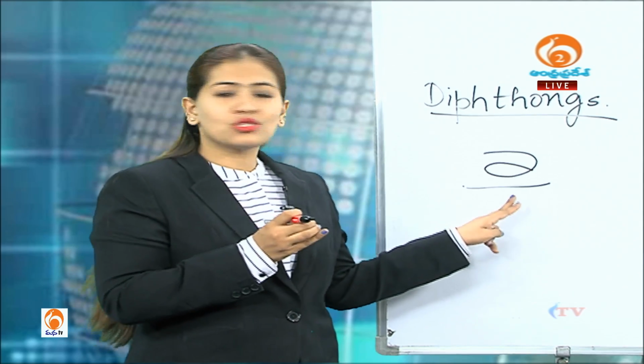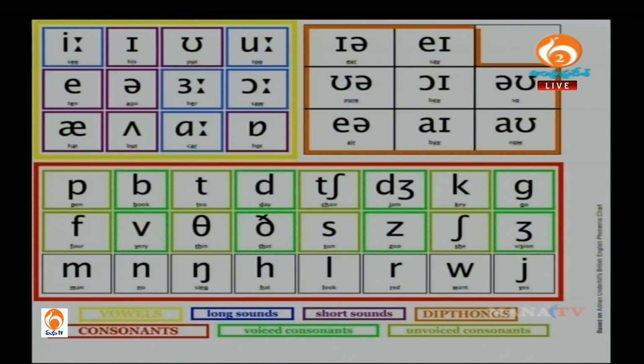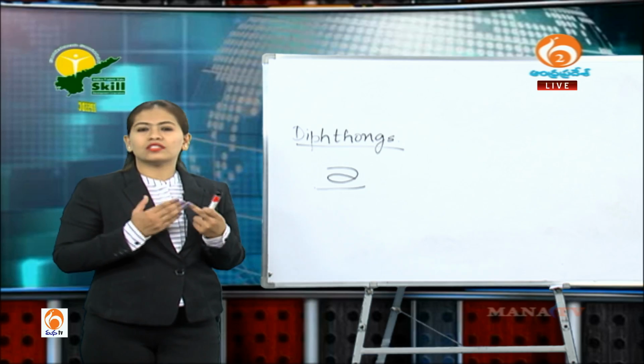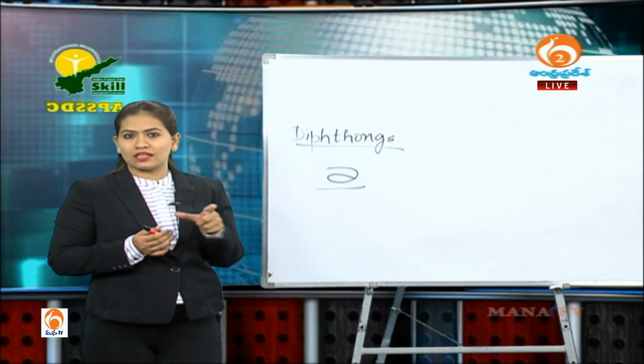So this is your schwa sound. The first diphthong that we are talking about is the ear sound. Words such as here, near, sheer have this sound. You're not elongating it, you're giving it a very short, subtle sound.